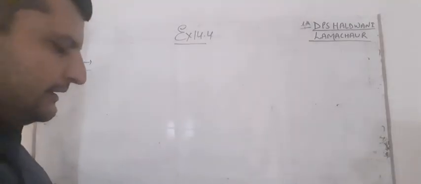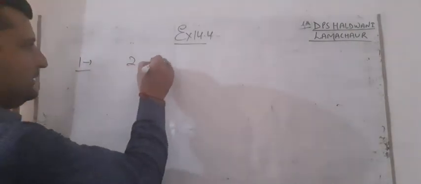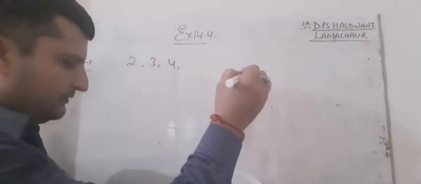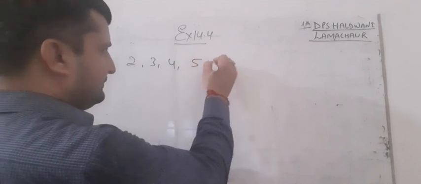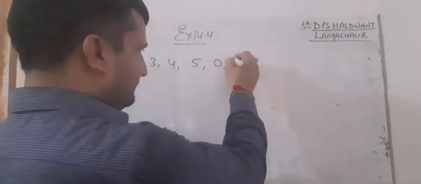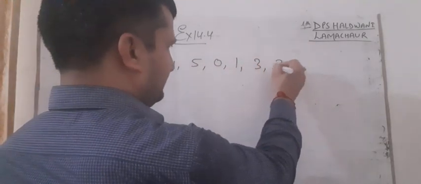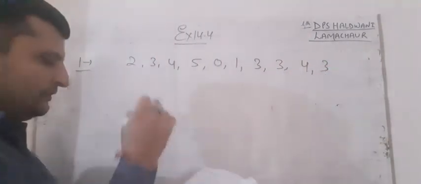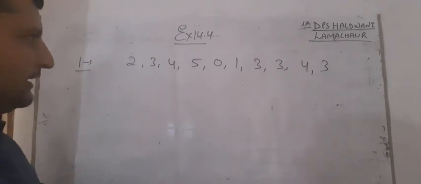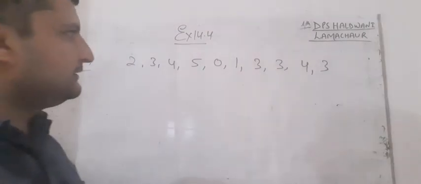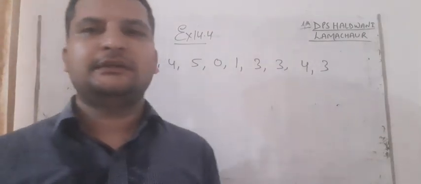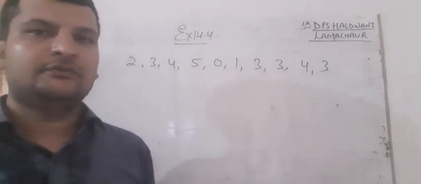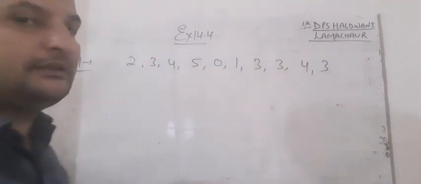So first we will write the sequence. The sequence given is 2, 3, 4, 5, 0, 1, 3, 3, 4 and 3. This is the sequence now, students. First we have to find all the three things.